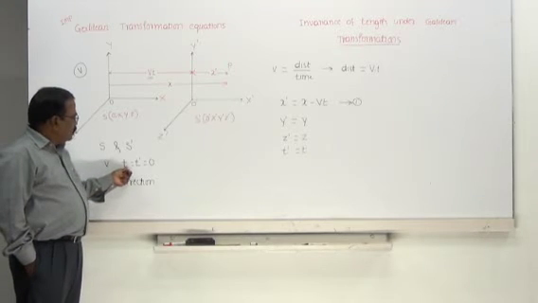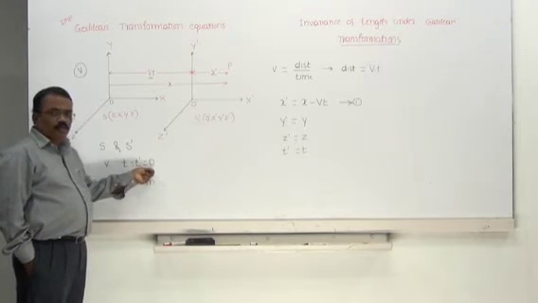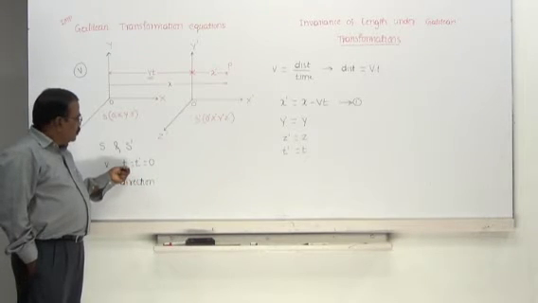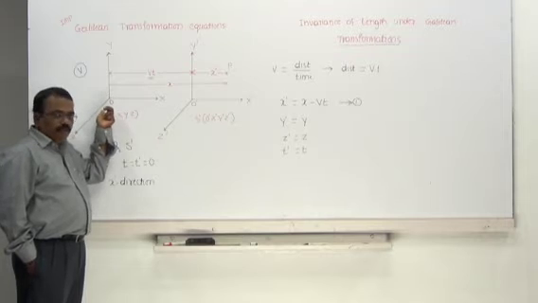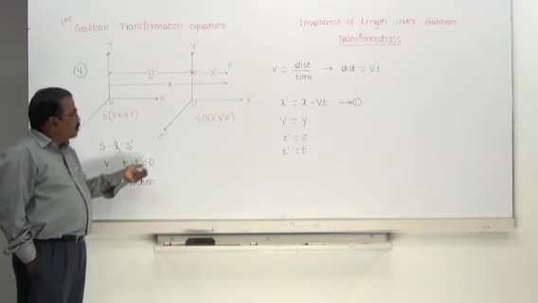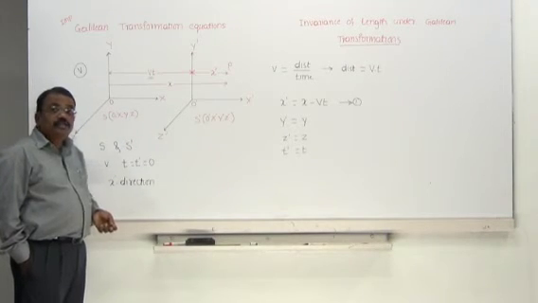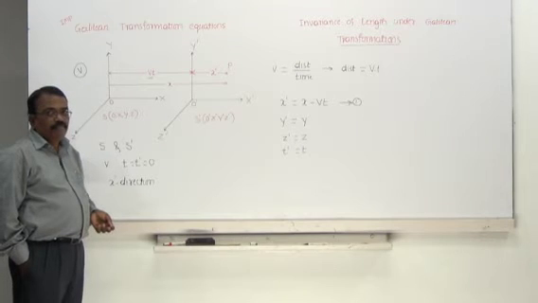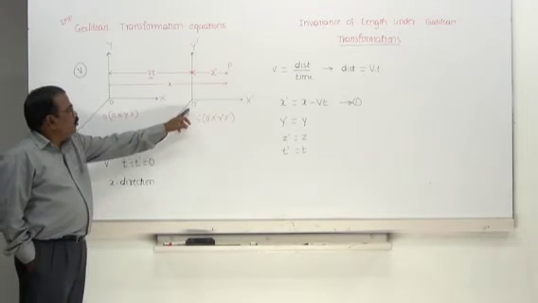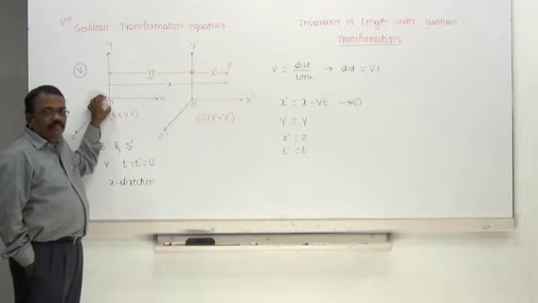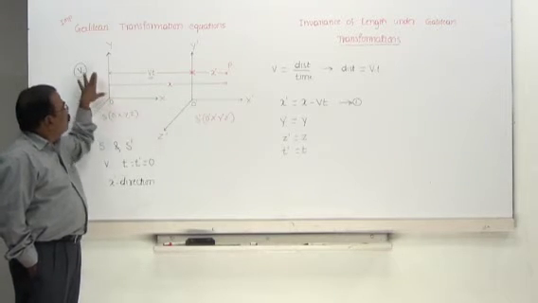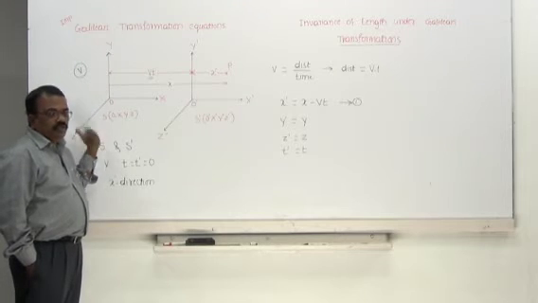So at time t equal to t dash equal to 0, the beginning, t is the time coordinate in S frame, t dash is the time coordinate in S dash frame. Both O and O dash coincide. That means X coincides, Y coincides and Z also coincides.